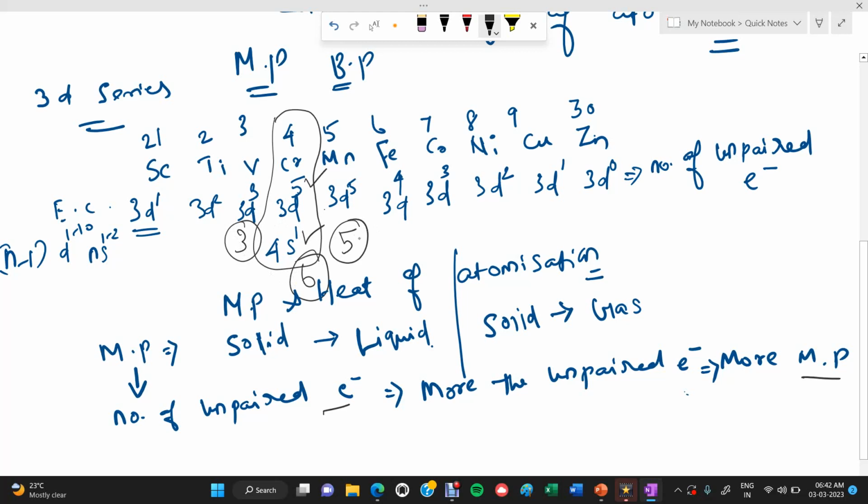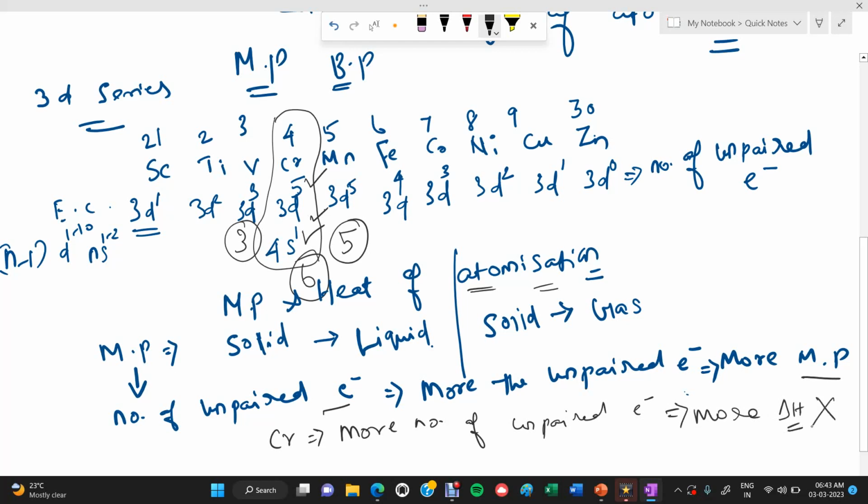So what people will do when comparing the enthalpy of atomization is say that chromium has more unpaired electrons, so chromium has the high enthalpy of atomization. It has more unpaired electrons, so it leads to more enthalpy of atomization.